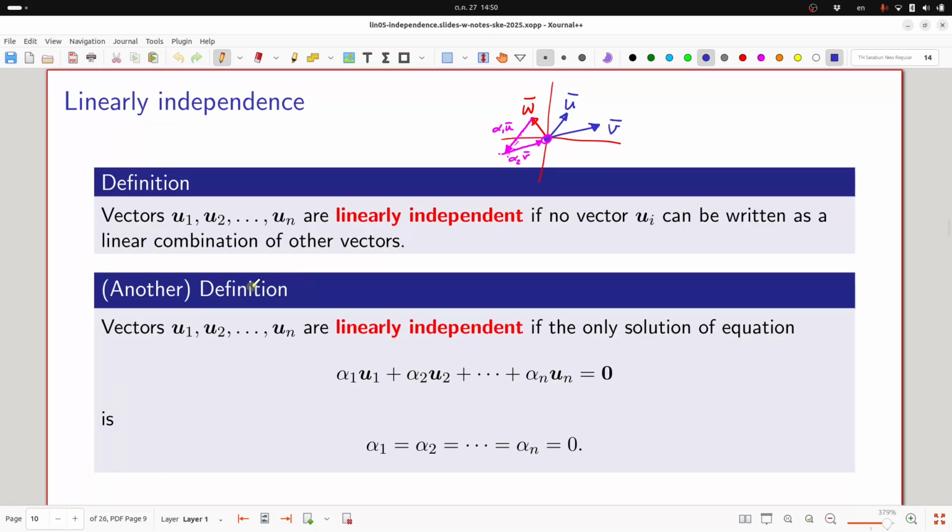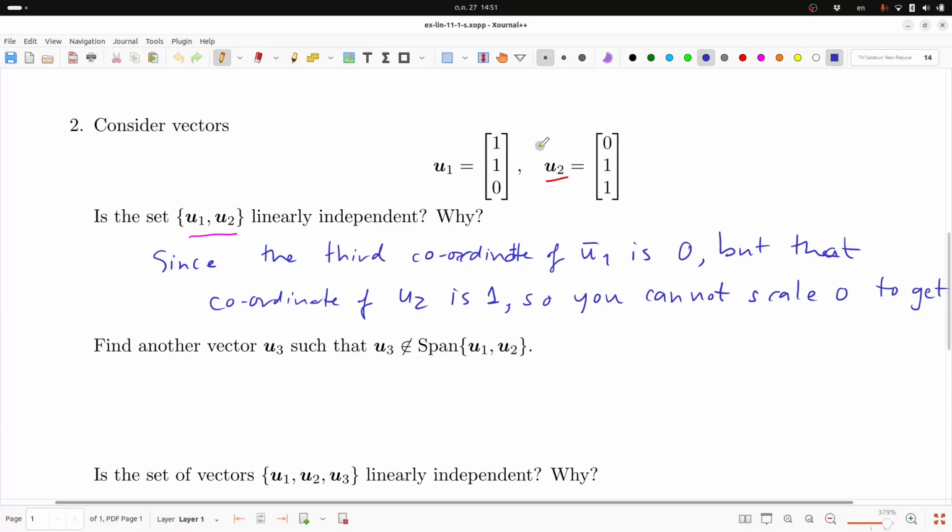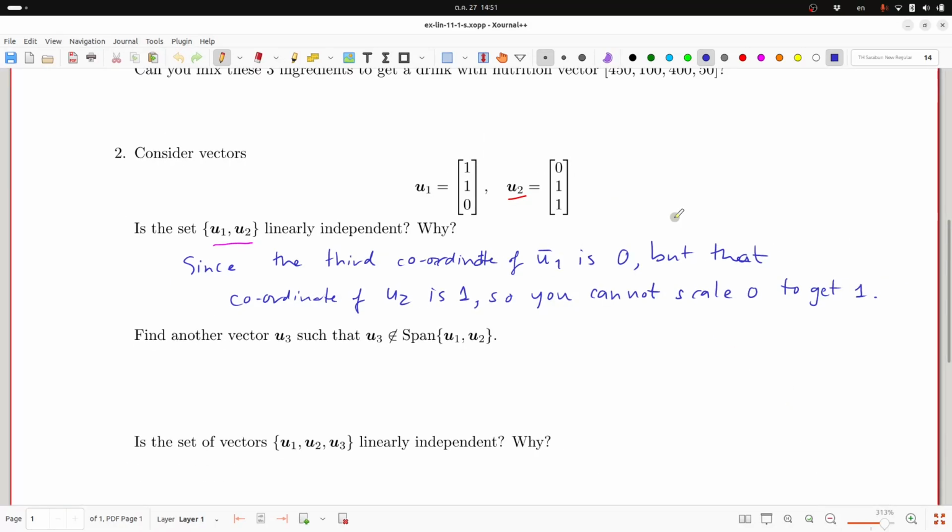If you want to use these definitions, you want to say that the only solution of this equation is when all the coefficients are 0. Okay. So let me show you how to use this definition.